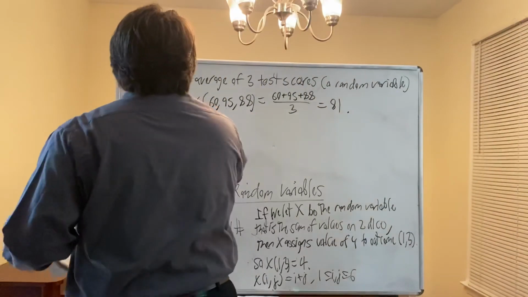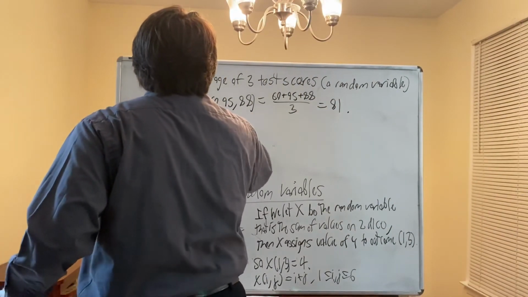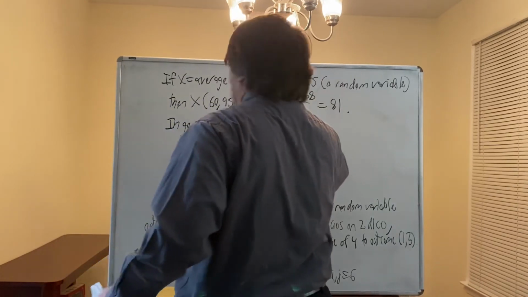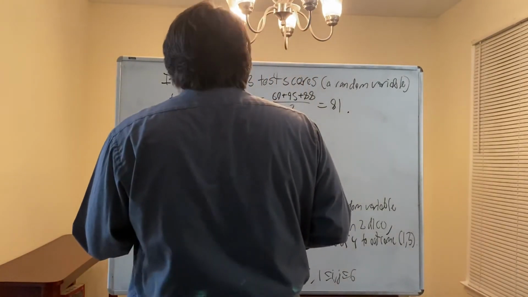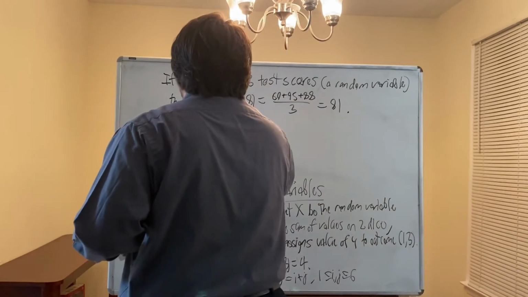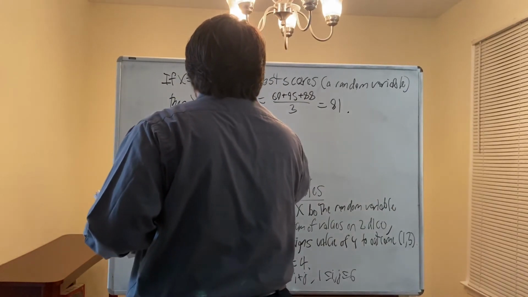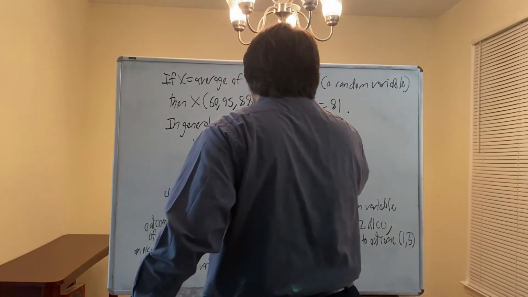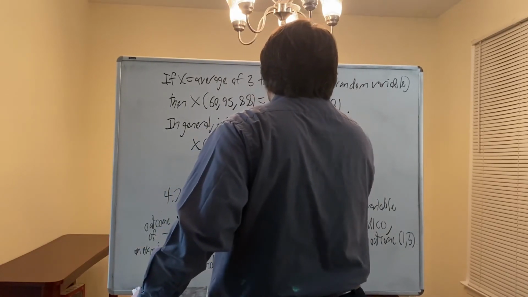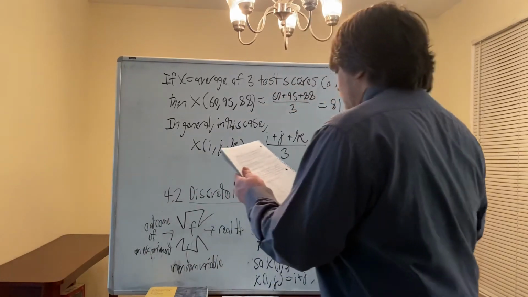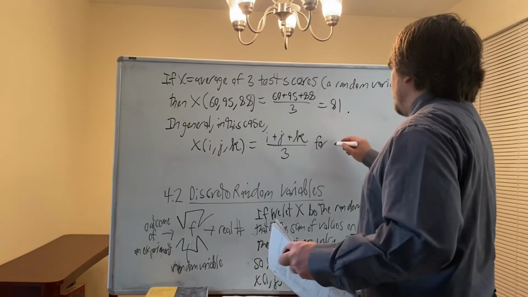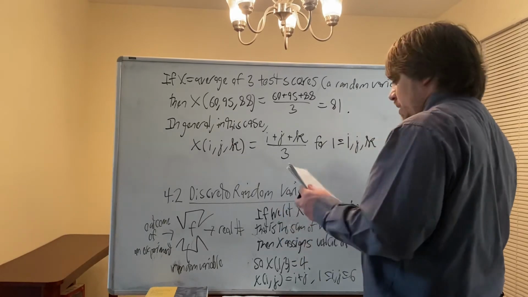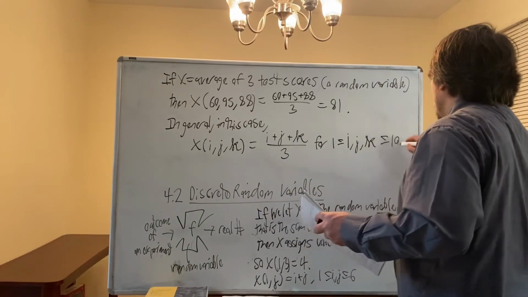In general, in this case, X of i, j, k is equal to i plus j plus k divided by 3. And that's for 1 less or equal to i, j, k less or equal to 100.